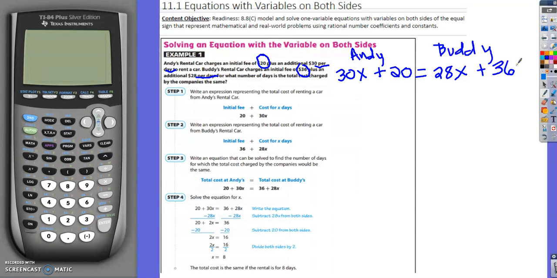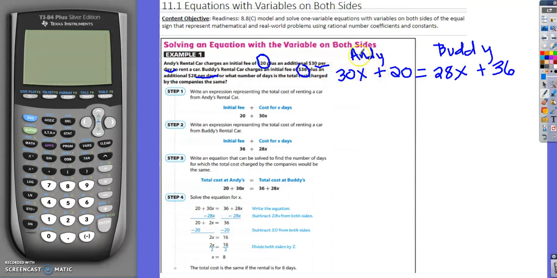So when we have variables on both sides and constants on both sides, we want to get the variables to one side and then the constants to the other. And it doesn't matter which side we choose for the variable and which side we choose for the constant. We typically want to have the variable be the positive higher number. So we're looking at 30x here and 28x.